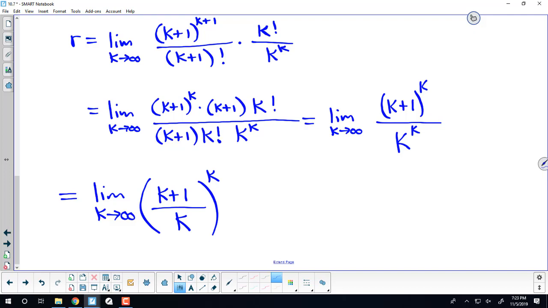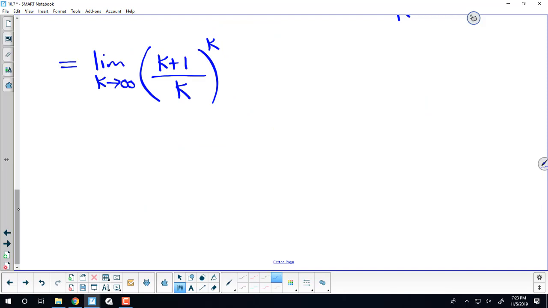It's a pretty lengthy L'Hopital's rule process for 1 to the infinity. Is it e? Yeah, so if we looked at k plus 1 divided by k, if we just split those two up, k divided by k is 1, plus 1 over k, that's the same thing as k plus 1 over k.